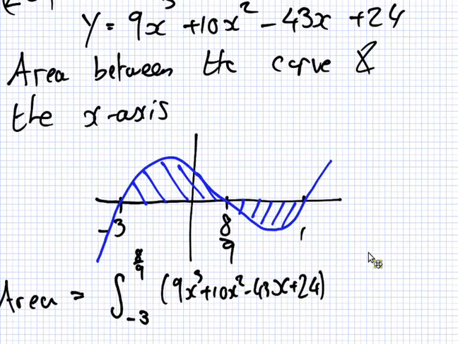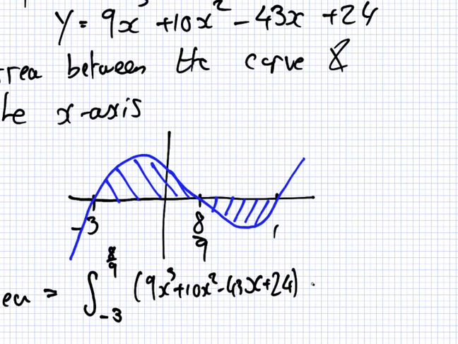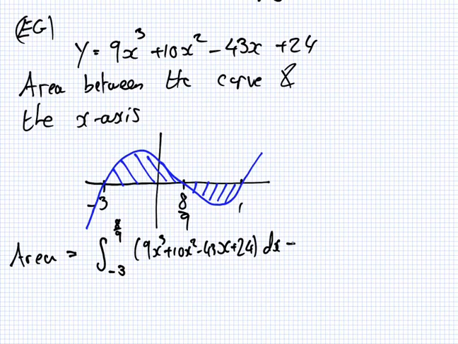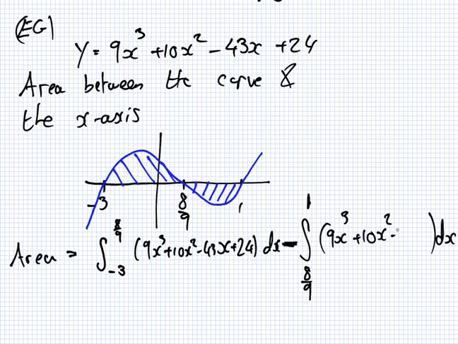The next part now will be minus, because it's under, 8 over 9 to 1, 9x cubed plus 10x squared minus 43x, sorry, I'm running out of space, plus 24.